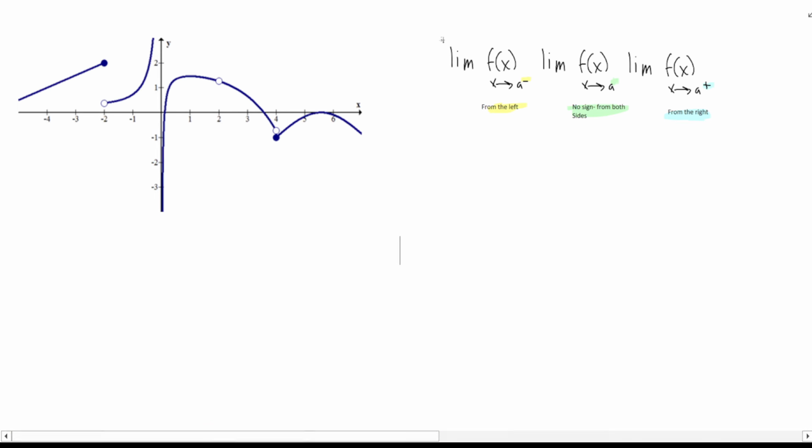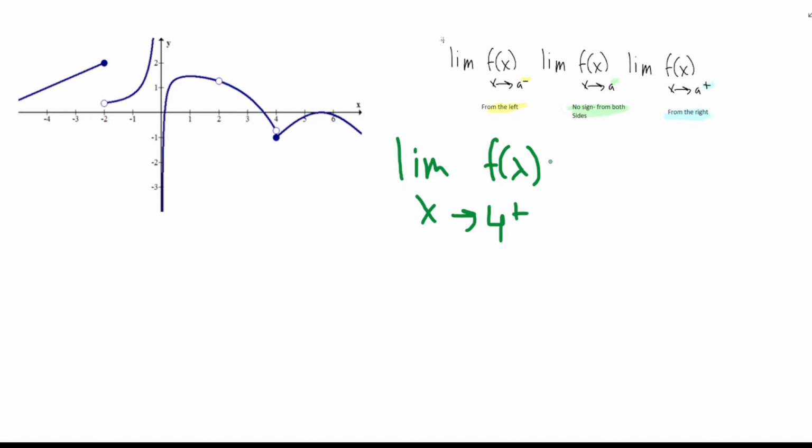So we can say, what is the limit as x approaches 4 plus? So we find 4, which is right over there. We go slightly to the right of 4, because plus means from the right. The line travels at -1.